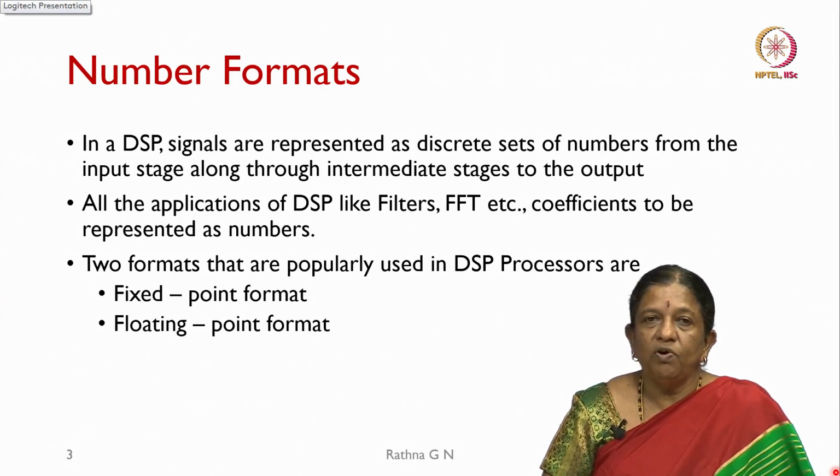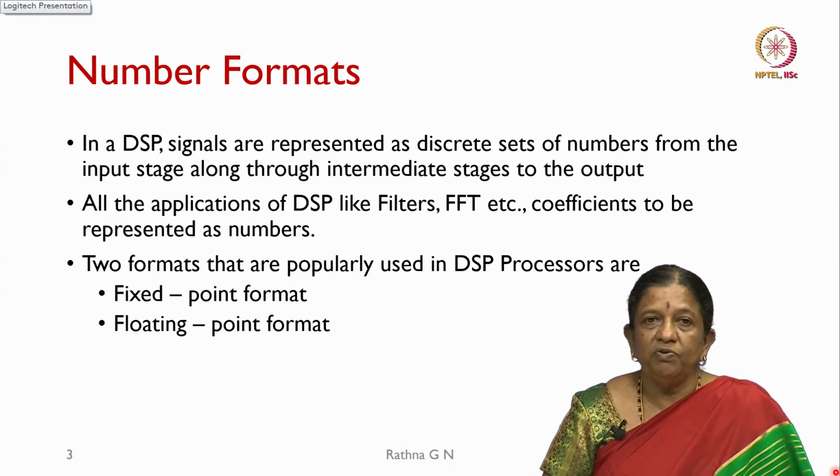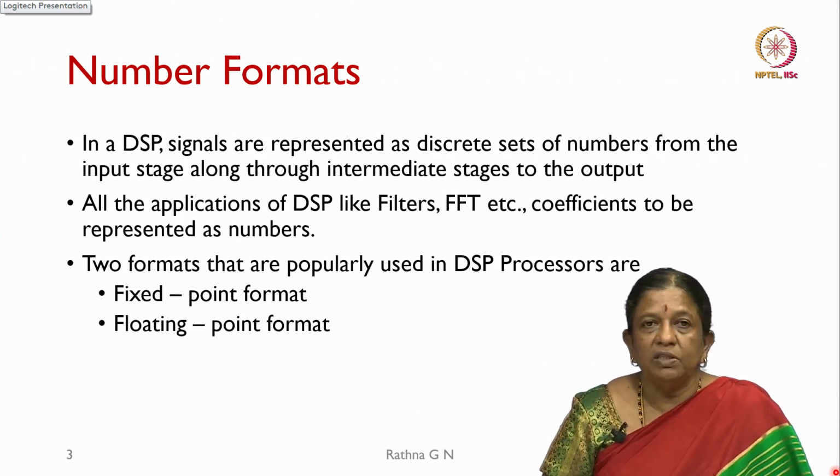There are two formats popularly available in DSP processors. One is the fixed point format, the other one is the floating point format. Most of you might have used the floating point format, still we will see how to represent that in DSP processors.